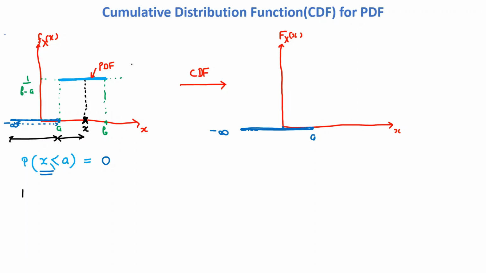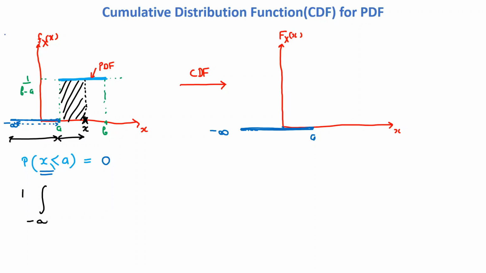As you know, the probability means this particular area. The area from minus infinity to a will be equal to 0, and this area we have to calculate. So how can we calculate the probability from minus infinity to x?